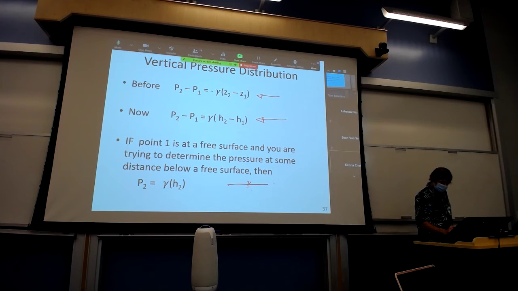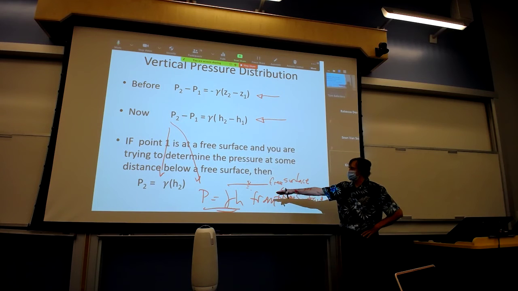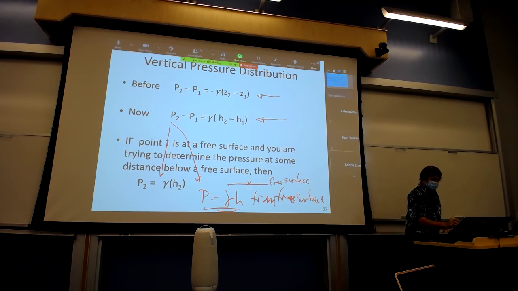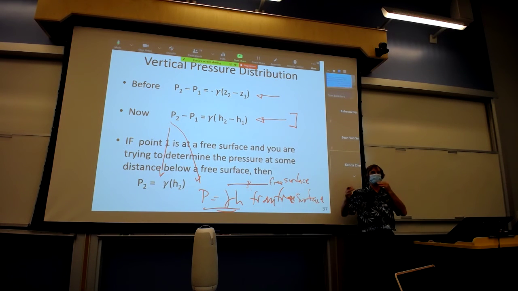if you have a free surface, and you integrate this, if you want to calculate the pressure somewhere below a free surface, this equation basically comes down to the pressure anywhere below a free surface is just the specific weight of the fluid times the distance from the free surface down to the point you're looking at.